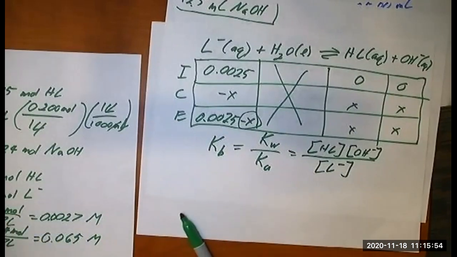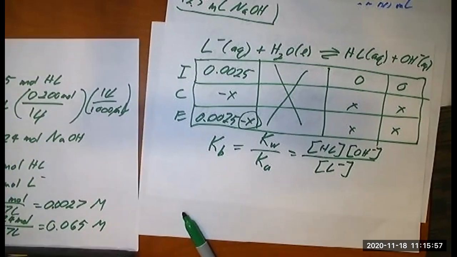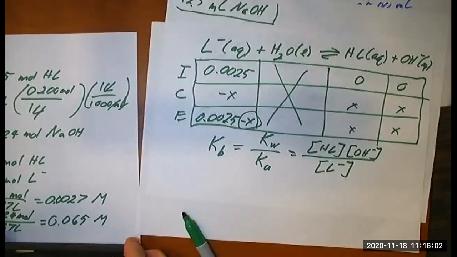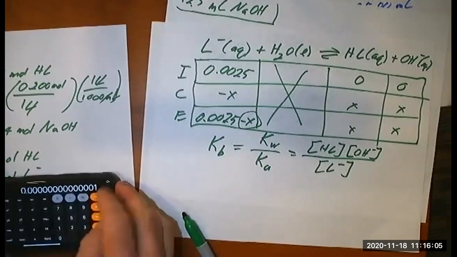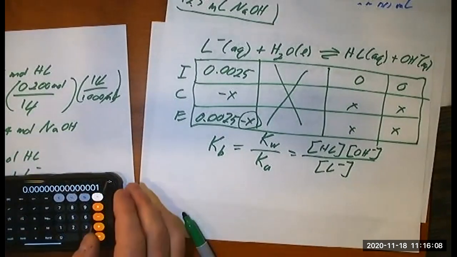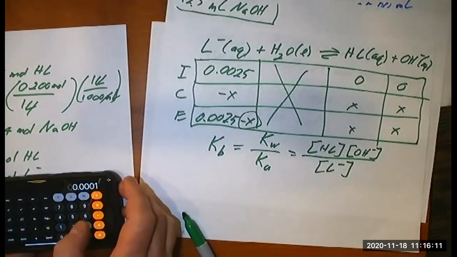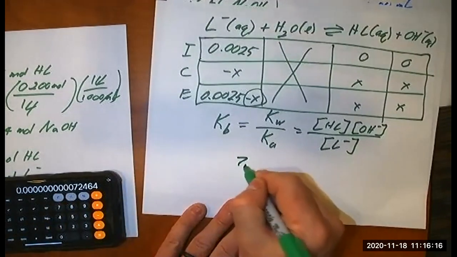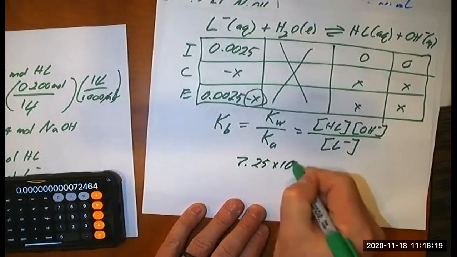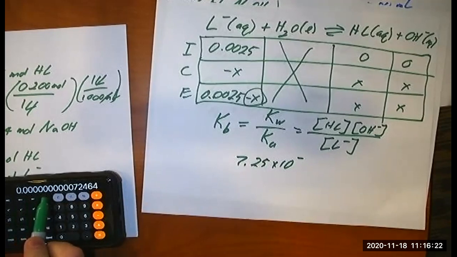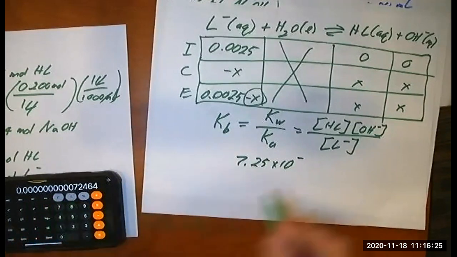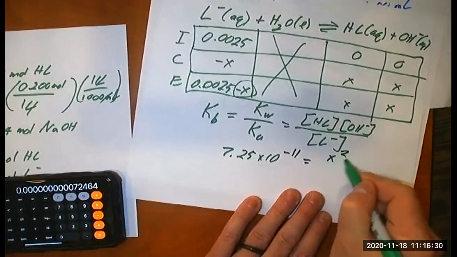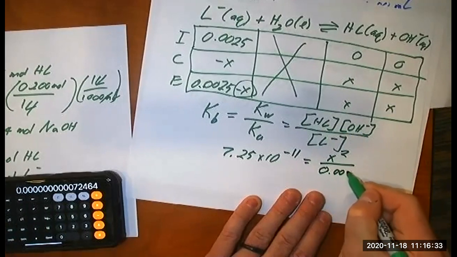So we have our Ka from earlier. So we're going to take 10 to the negative 14 divided by 0.000138 to get a Kb of 7.25 times 10 to the negative 11. And that is equal to x squared over 0.0025.